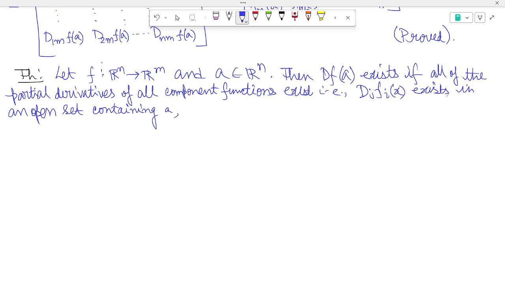A is a point, okay, and they are continuous. Each of them.